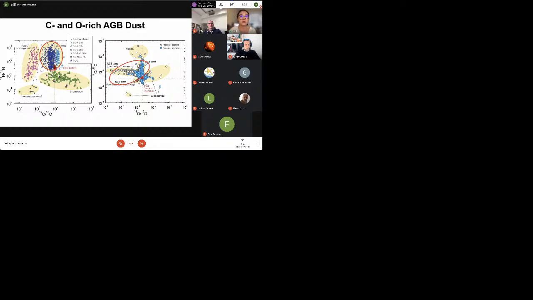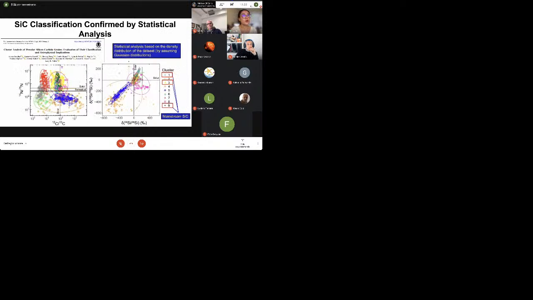So you may wonder, how robust are the classification schemes given here, and is there another, independent way to classify these grains? To examine this problem, in our recent study, we applied a machine learning algorithm to classify the grains based on their carbon, nitrogen, and silicon isotope ratios.